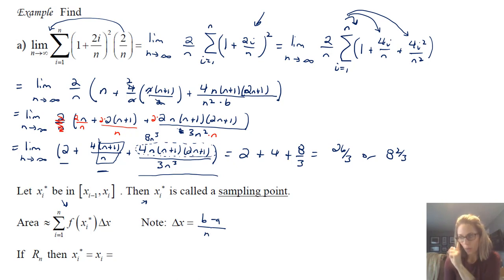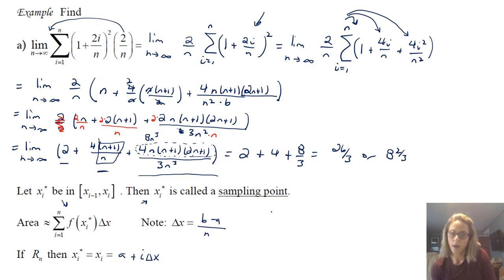And so the idea here is that your sampling points are all just coming from taking the side of your interval, which is a, and then adding on some change in x. But because we want each one, we're going to put the i here, so that as i changes, the number of change in x's changes, and that's what moves you along the x-axis.